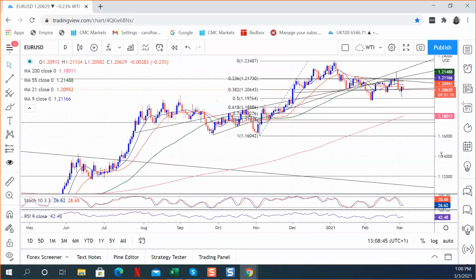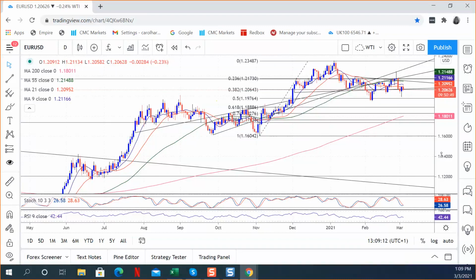So where is the euro dollar going after it's done that move? So far today, I use moving averages, and I use them only as support and or resistance. So I look at that chart and I go, do you know what? That couldn't actually break through the 9-day moving average, which is at 121.11.